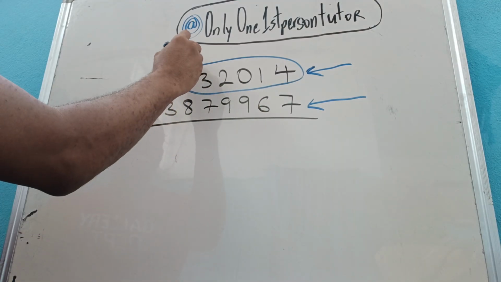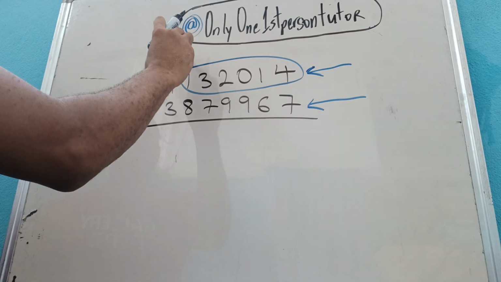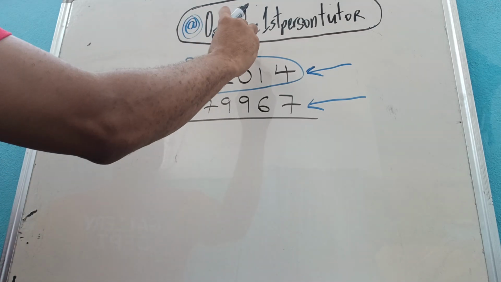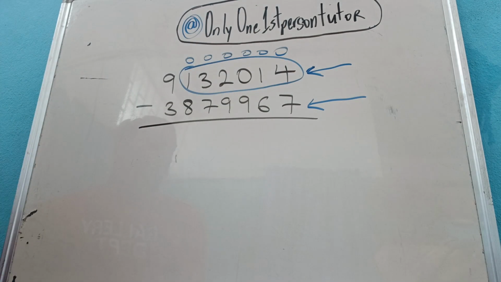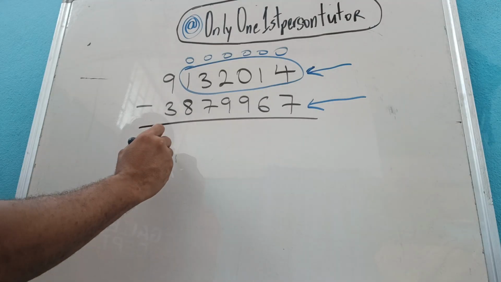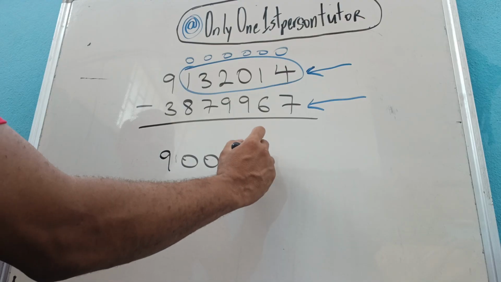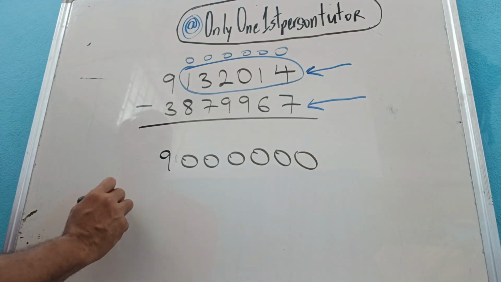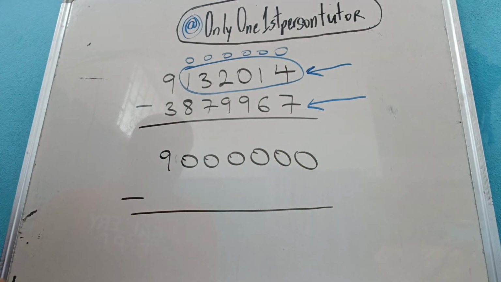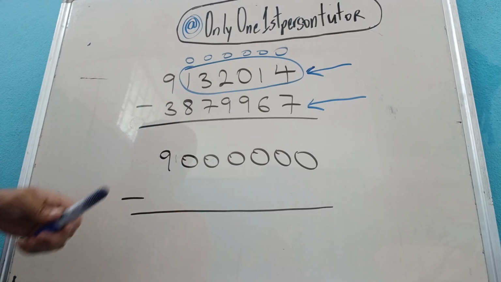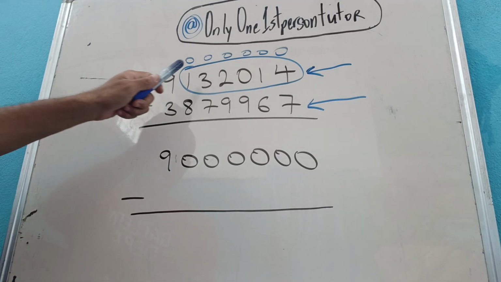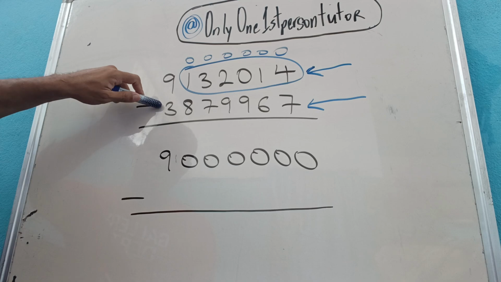Then that means all of these numbers would become 0, 0, 0, 0, 0, 0. That's what would happen next. So why don't we just put that down? 9 with those amount of zeros. Now let me see if I'm counting correctly. Yeah, the right amount. Now imagine subtracting this from this. Well, let's just focus on this part now.